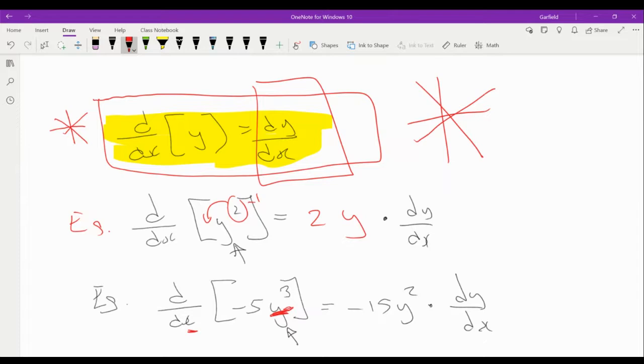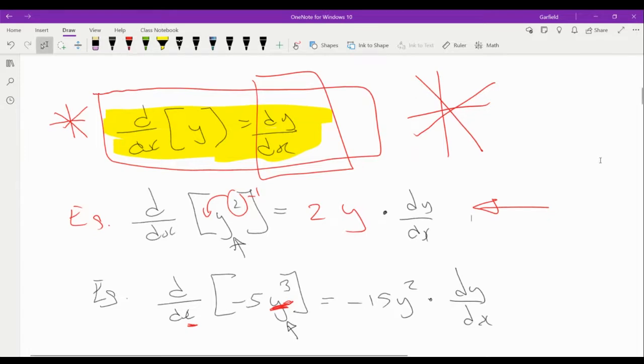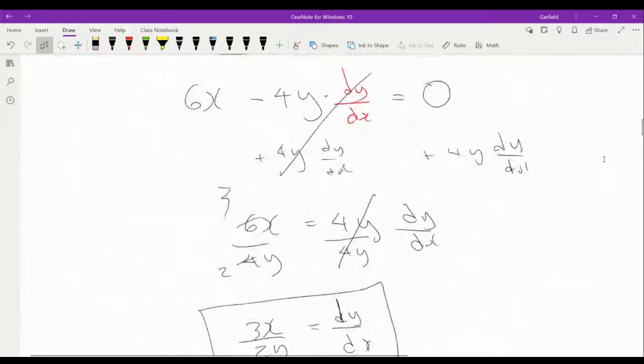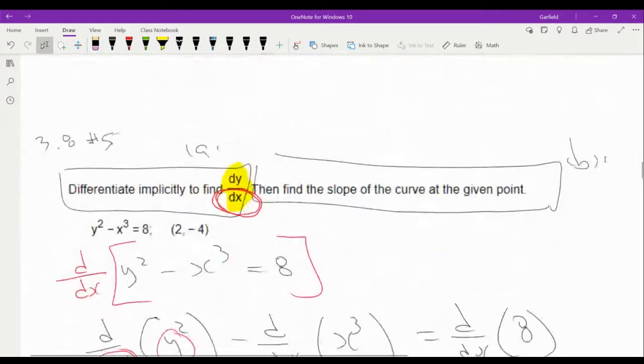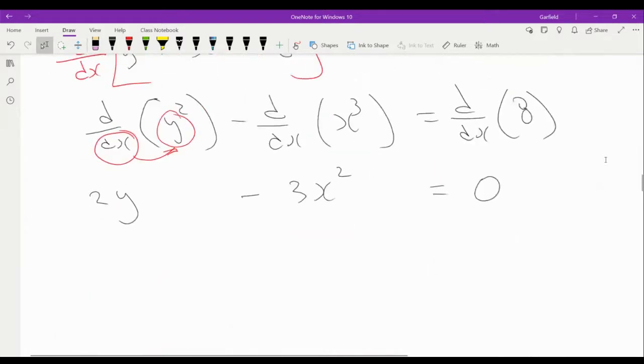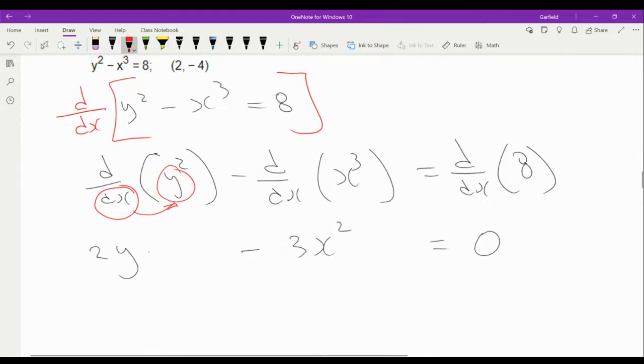So yes, the same thing we're doing again today. The derivative of y squared is 2y times dy by dx, because the variables are different. Always keep that in mind. So this we're going to have times dy by dx.